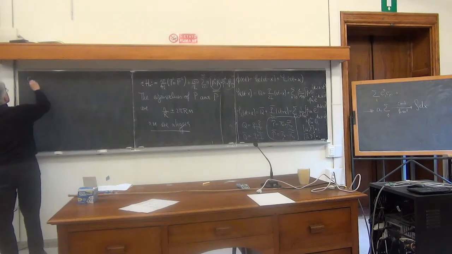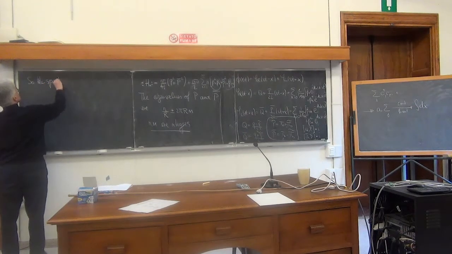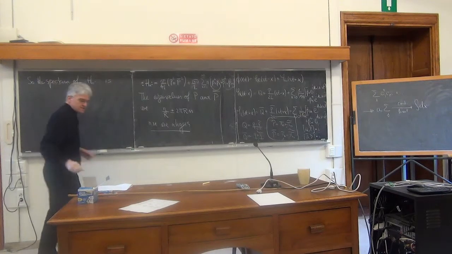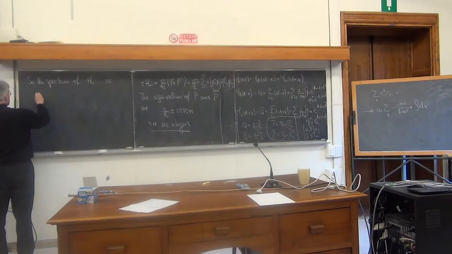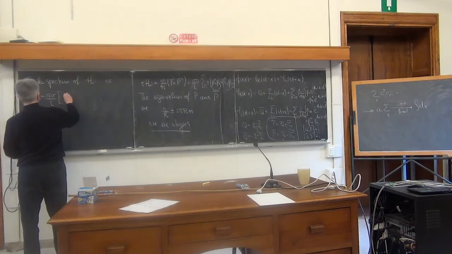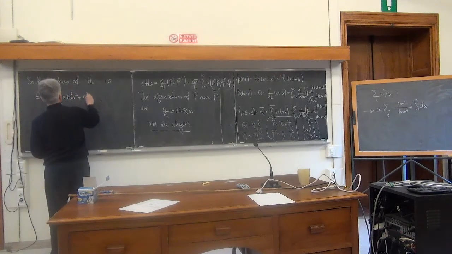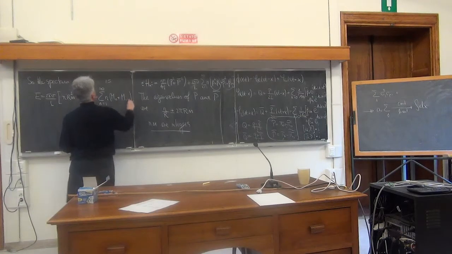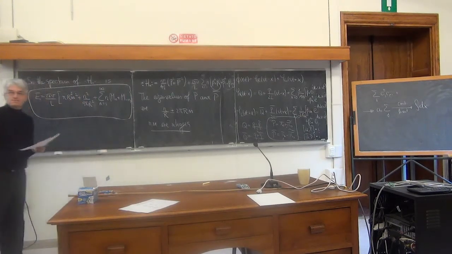So the spectrum of H naught is just E equals 2 pi v over L, times (m squared r squared plus n squared divided by 4 pi r squared) plus the sum n equals 1 to infinity of n times (m_n plus n_minus n).